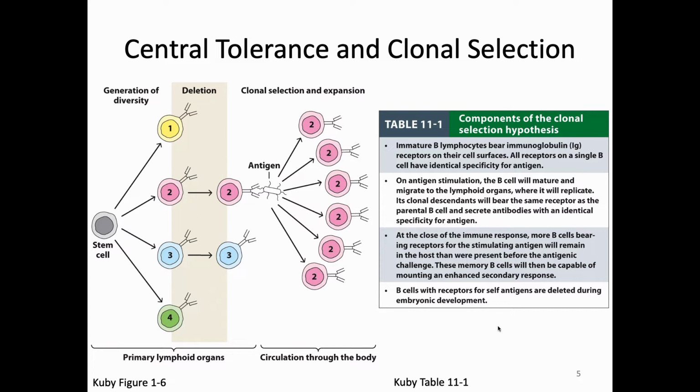Each B cell has a bunch of copies of the identical receptor. That's thanks to allelic exclusion. On stimulation, the B cell will migrate and replicate and make a whole bunch of descendants with that same receptor. So that's this part. Replicate, make lots of descendants that match. At the end, we have more than we started with.